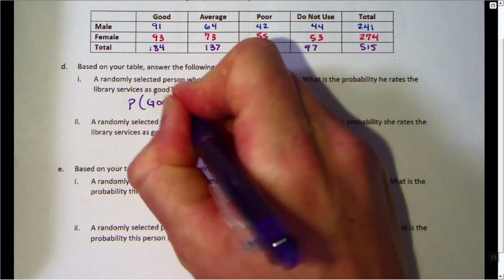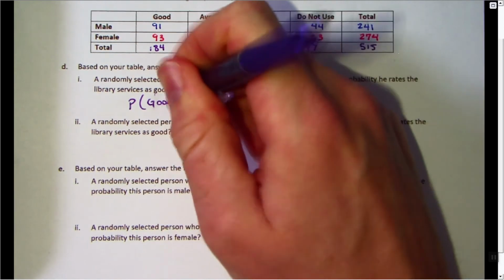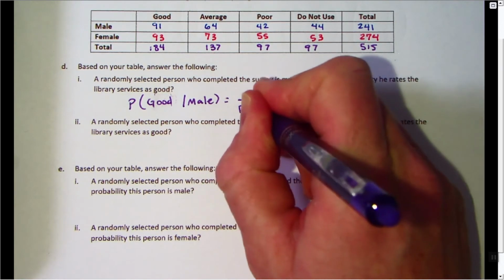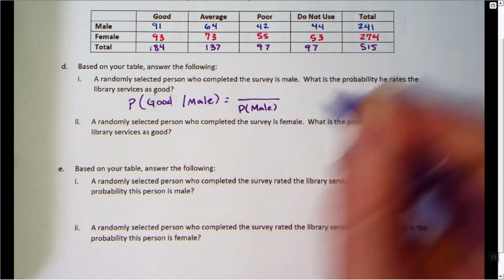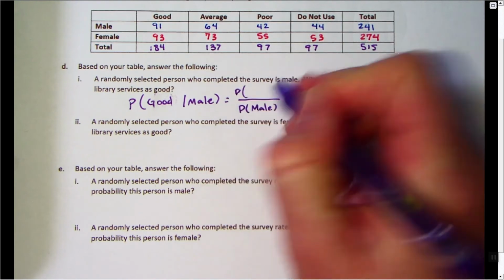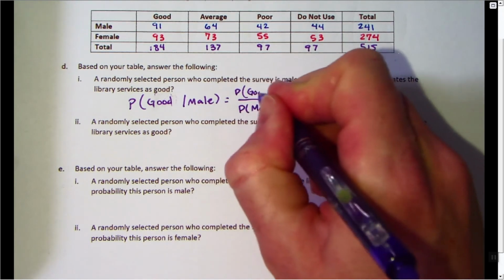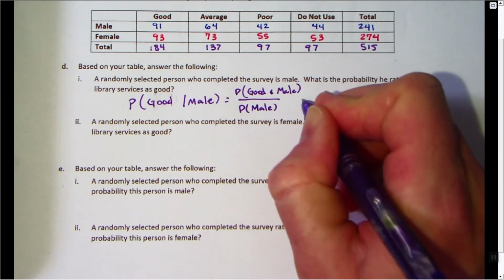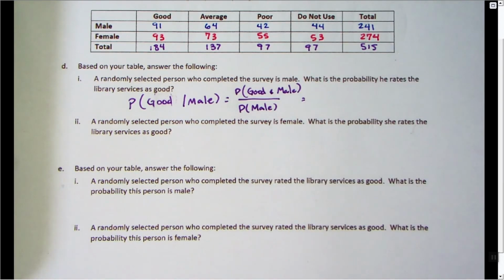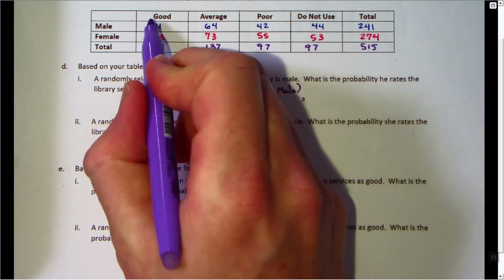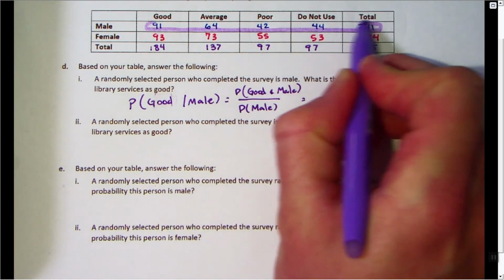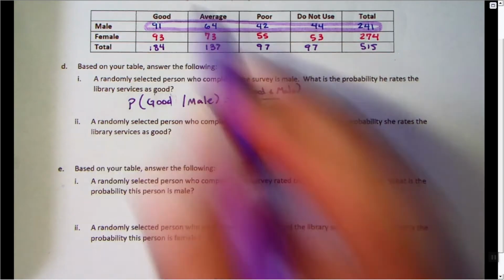Again, I'm looking at out of males, the probability that they rate it as good and that they're male. I'm looking only at the cases where they're male. In the table, I'm looking only at this row right here.